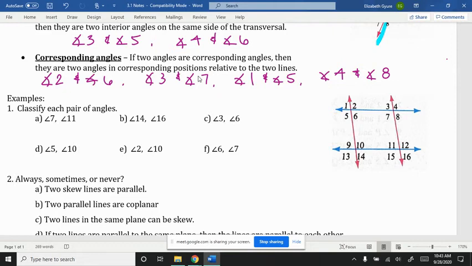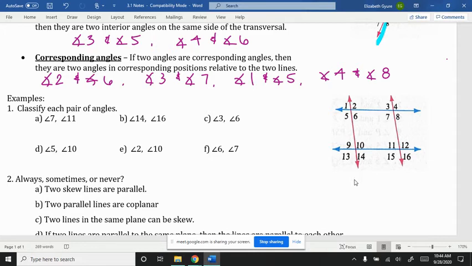Next part, just examples. Okay, so you'll notice this picture is a little different. There's some more lines happening. So in this situation, which one is the transversal depends on which angles you're looking at, right? So for example, if I ask you to look at angles 5 and 10, these blue lines would be your lines that are being cut, and then this red line on the left would be your transversal, right?